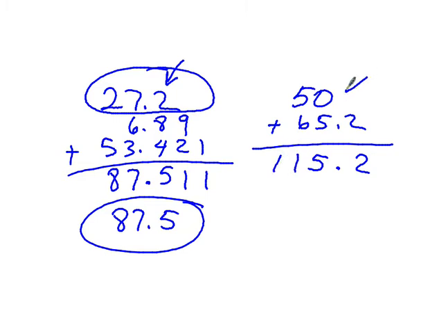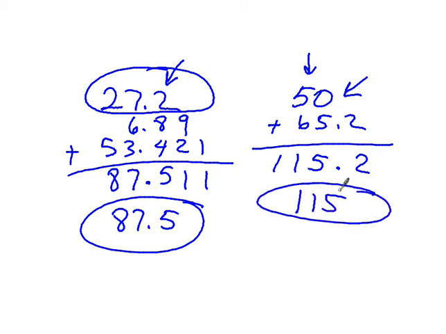However, this measurement does not have any significant decimal places. So you can't have a decimal place in your answer because your tool was not that accurate. It didn't measure all the way down. So I only have one significant digit here, and there's no decimal place. So I cannot have a decimal place. So my answer is 115.